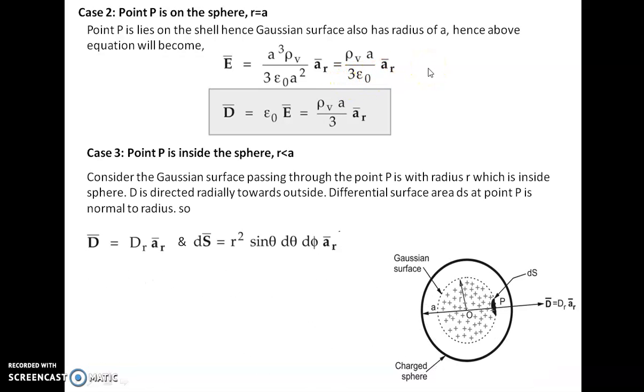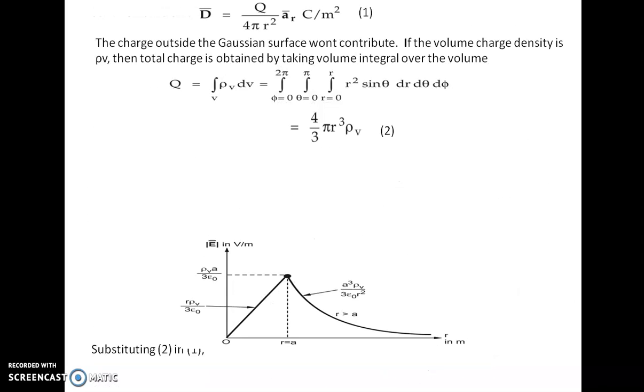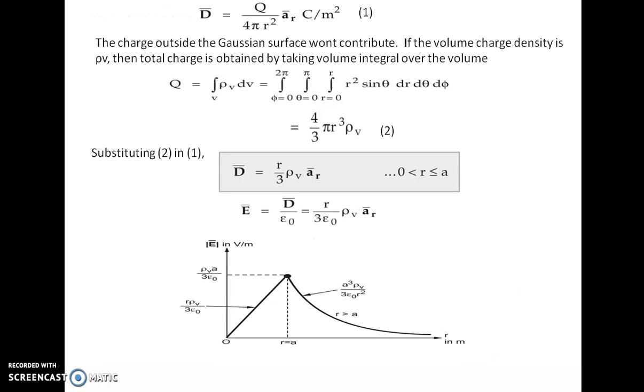And for the third case, we obtained the expression for D as r by 3 into rho_v a_r cap, and for E as r by 3 epsilon naught rho_v into a_r cap, for the point lying inside the uniformly charged sphere. This is the expression for D and E.